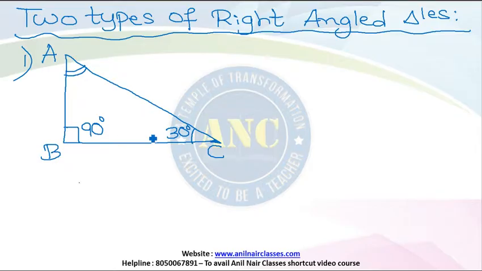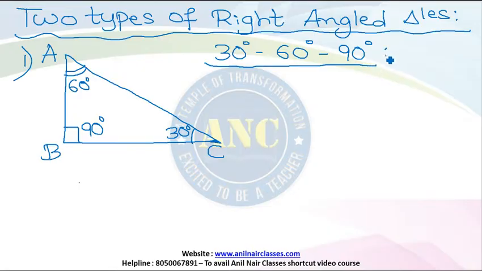The sum of three angles in a triangle is 180, so angle A should be 60 degrees. That means the first type of right angle triangle is 30 degrees, 60 degrees and 90 degrees, which we are interested in discussing.